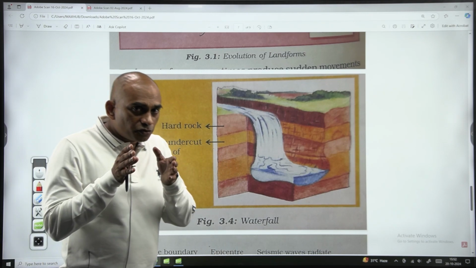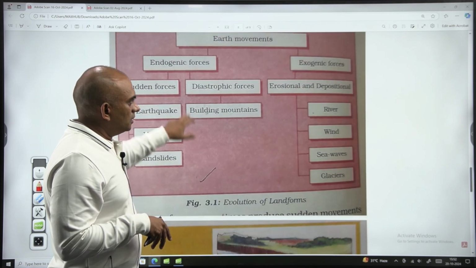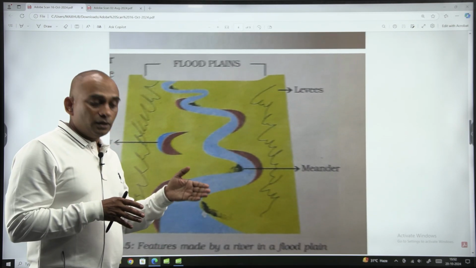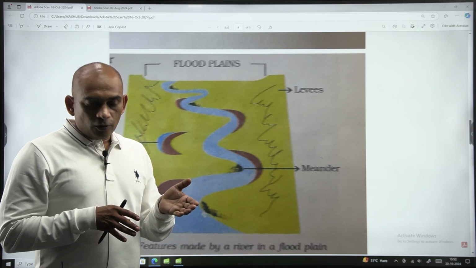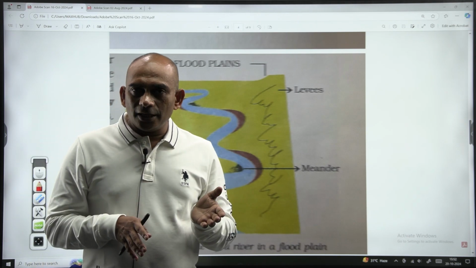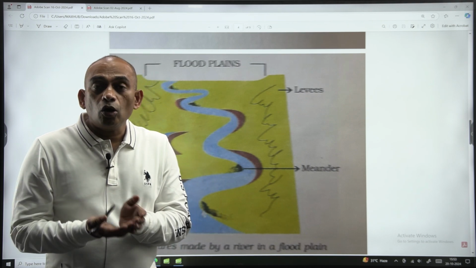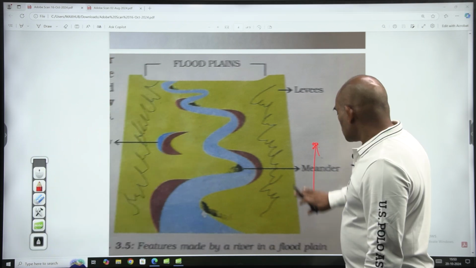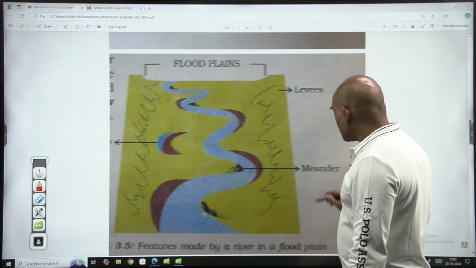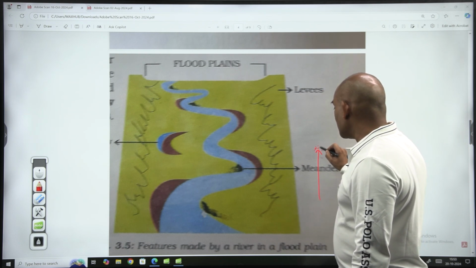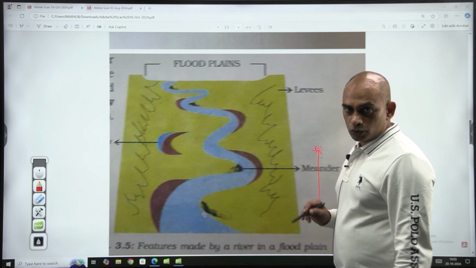Okay, when this river enters into the plain area, generally a river erodes the landscape. While eroding that landscape, it carries various sediments along with its water. So when this river enters into the plain area, these sediments get deposited in its course.